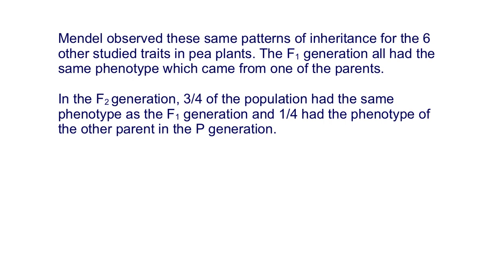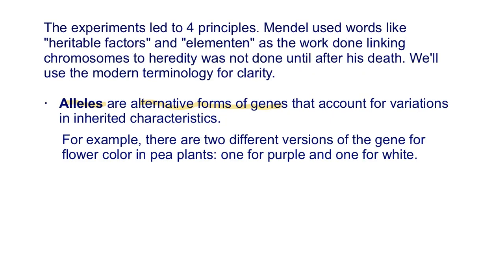For all the other traits that Mendel studied, he kept on finding the same pattern in the F2 generation after he self-crossed the hybrids. Okay, so we talked about alleles. Alleles are different forms of a gene.